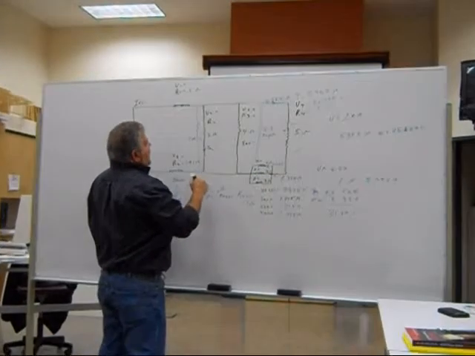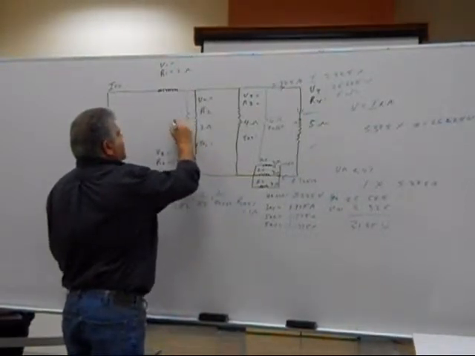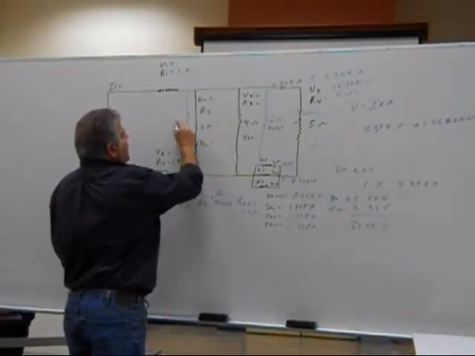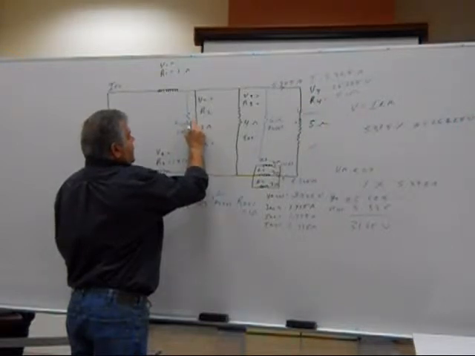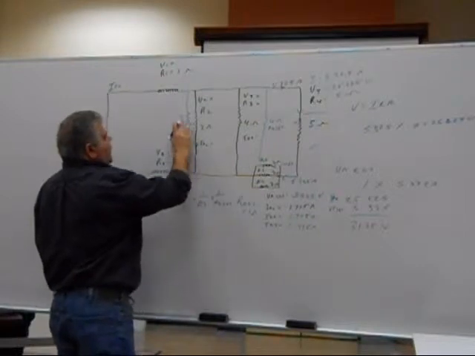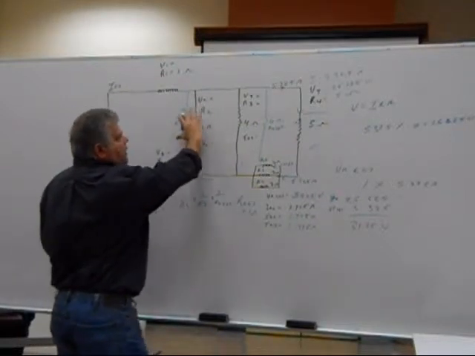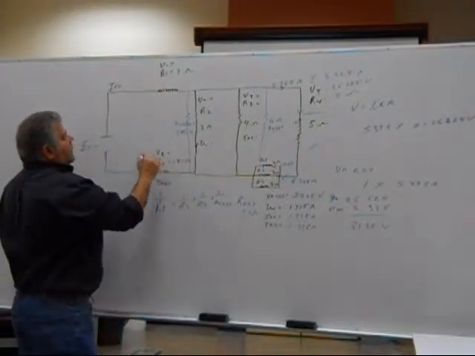Perfect. And then what we have now is the new resistor of R2, R3, R4, R5, R6, and R7. So this covers all this resistance here, and now we're in a series circuit, right?